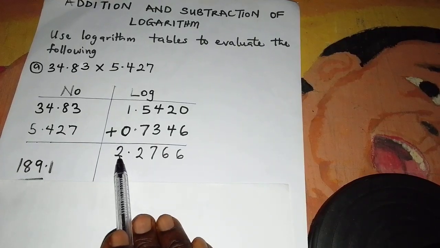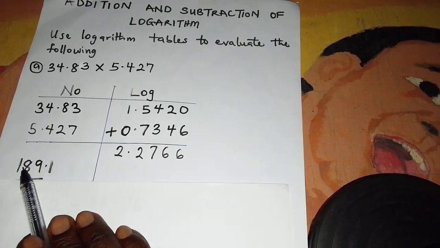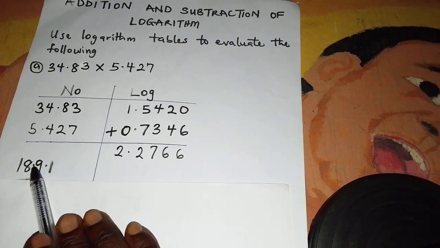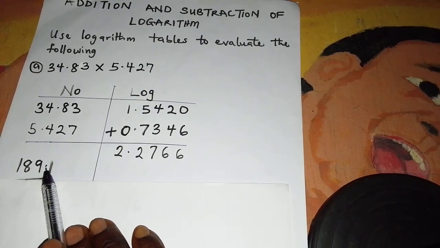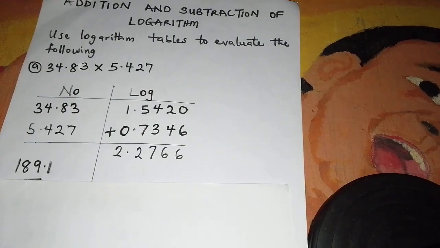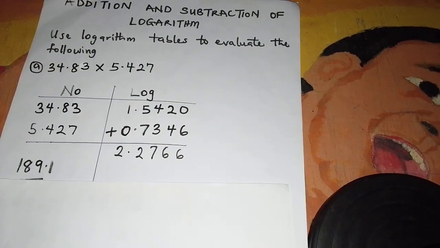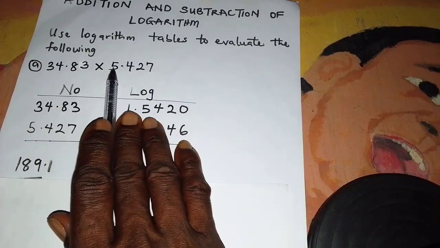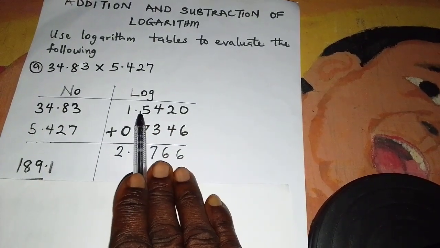Now because of these two, the decimal point is taken to be after this 1. So you move it 2 times, 1, 2. So it will be 189.1.